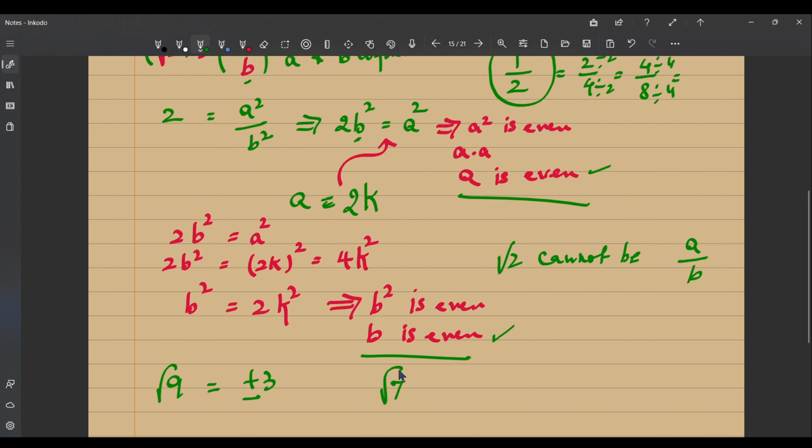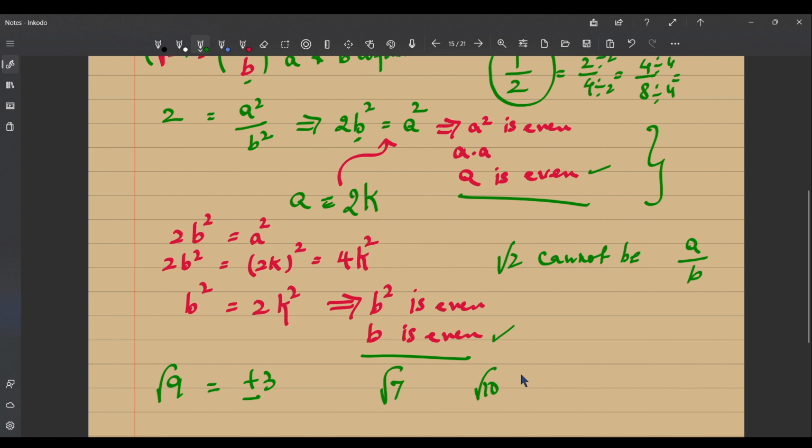This again cannot be expressed in the form a by b by the same argument which we have done here. Root 7 can also not be expressed as a by b, and root 10 also not expressed as a rational number for that matter. So all square roots of non-perfect squares are found not to be rational.